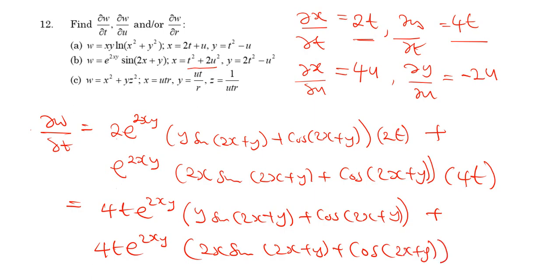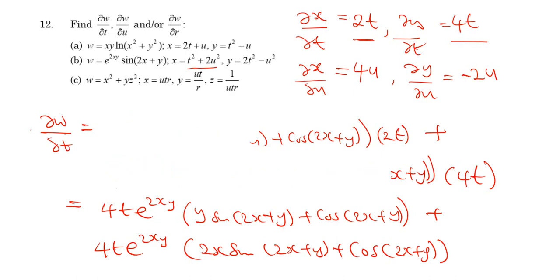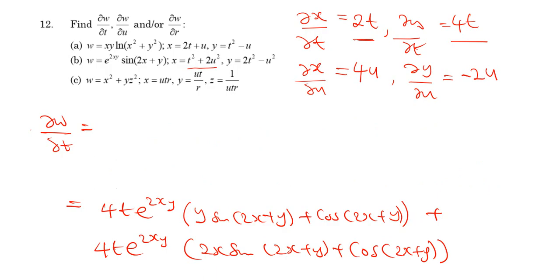So now from here I notice that I have something that is common in both of these, which is the 4t e to the 2xy. So I bring that here, so let me erase this part here, and I'm going to have this here.